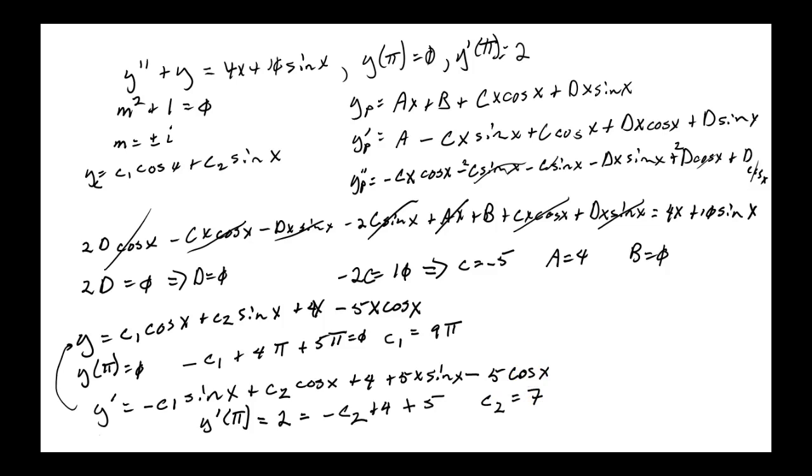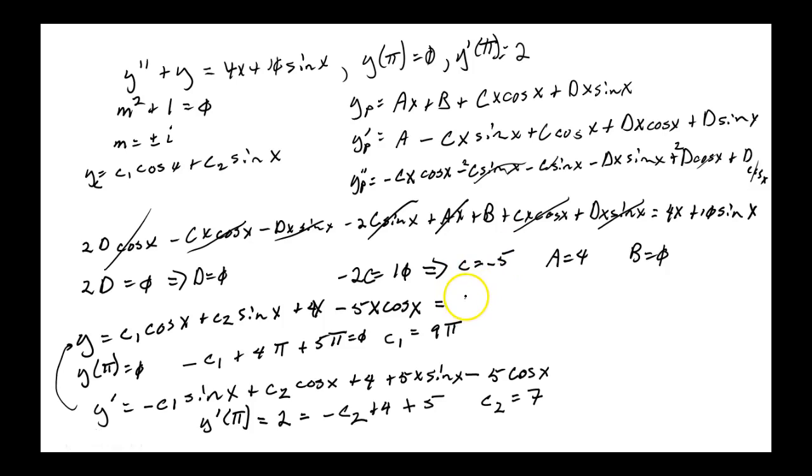Okay, so let's go back and plug into our general equation. C1 was 9 pi, right?